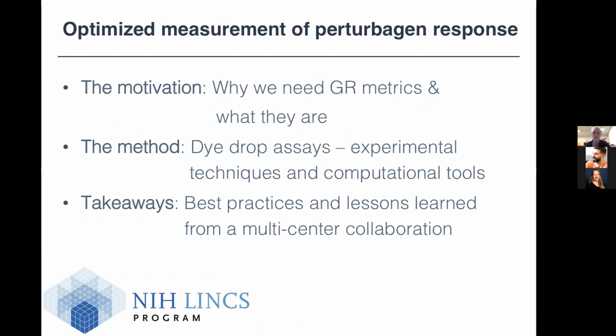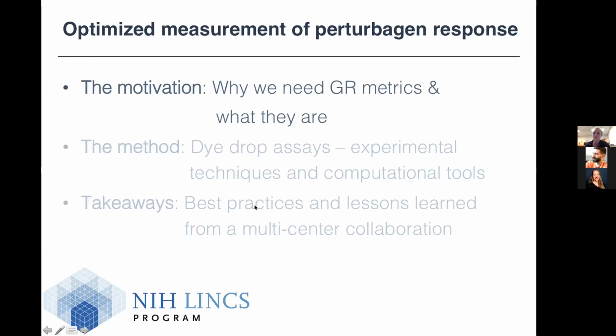I'll cover both the experimental techniques and some computational tools that we've made available to the community. And then if time permits at the end, I'll touch upon some important takeaway messages, as well as a few lessons that we learned from the multi-center LINCS collaboration that Peter referenced in his presentation this morning.